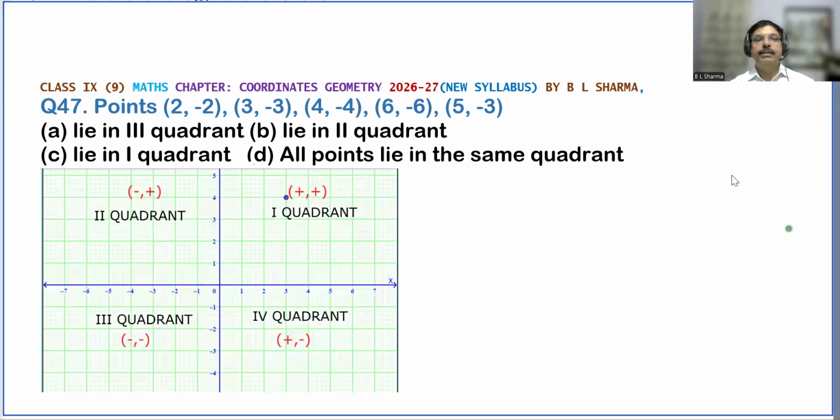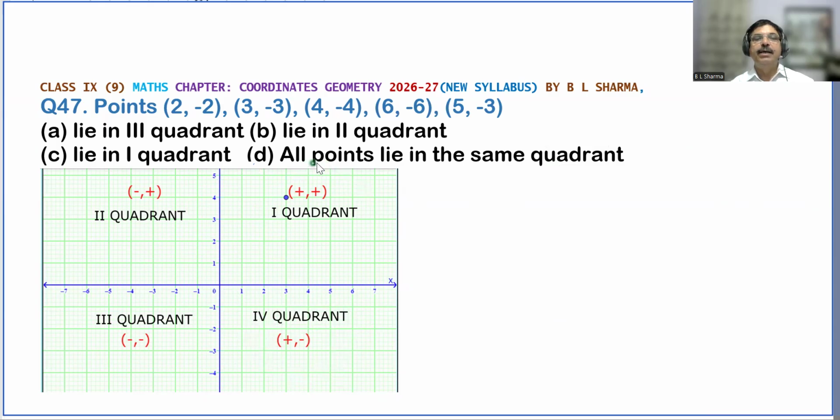इनको विजुलाइज करते हैं. देखिए ये रहा. यहां पे देखिए ये साइन है प्लस माइनस. एक्स प्लस वाई नेगेटिव, in every case. So all the points with x positive and y negative lie in the fourth quadrant. They all lie in the fourth quadrant.